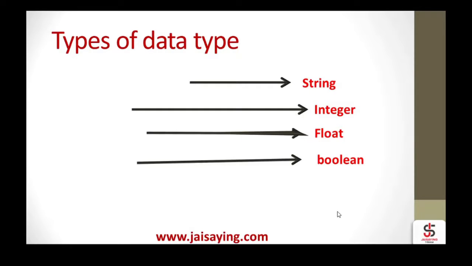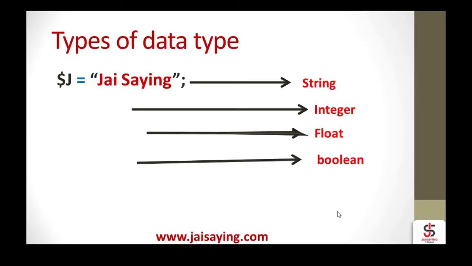So what is the string data type? For the string data type, you have to type $g variable equals to double quote. For the string data type you have to type inside the double quotes. So this is called the string data type.